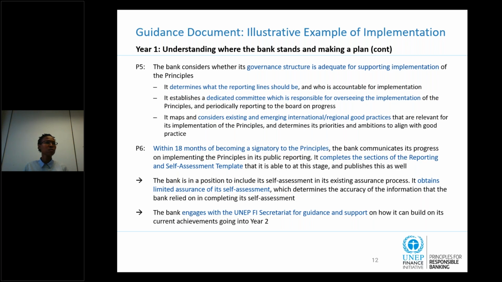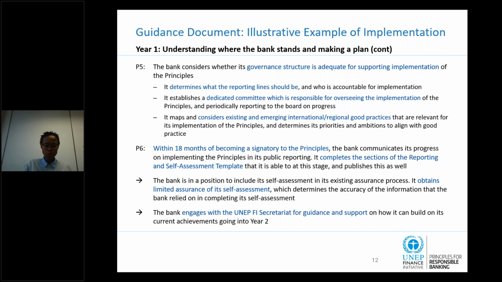It maps and considers existing and emerging international good practices that are relevant for its implementation of the principles and determines its priorities and ambitions to align with good practice.